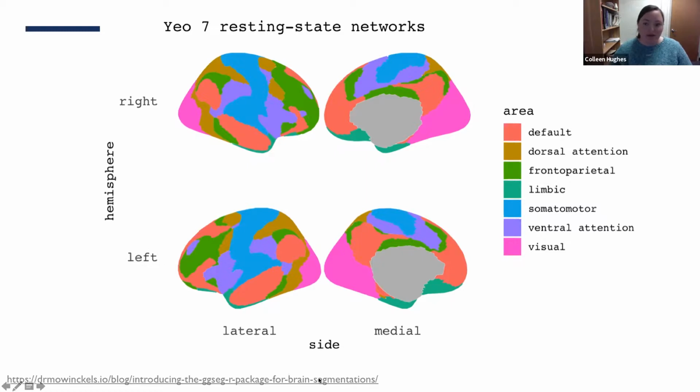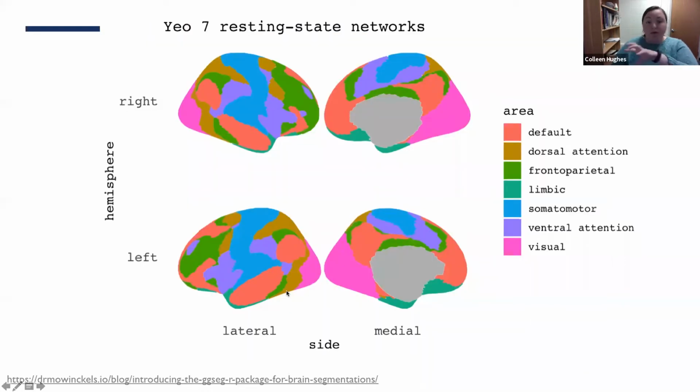This is their 7 networks way of seeing what brain regions hang together using resting state functional connectivity from a large group of individuals. There are a variety of networks that they identify, and I'm going to focus a lot on this default mode network, the red regions here, which include MPFC, PCC, as well as temporal parietal junction and temporal poles.